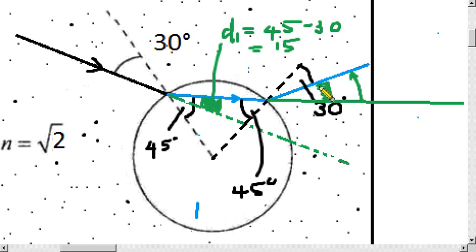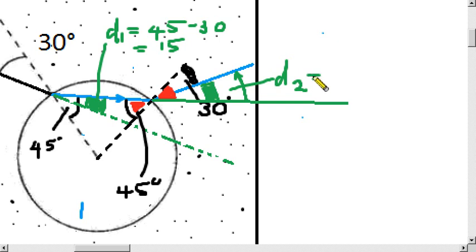So that is d2. How to find out? This total angle is 45, then 45 minus 30. This upper angle is 30. So you can subtract, then again we get 45 minus 30, that is 15.